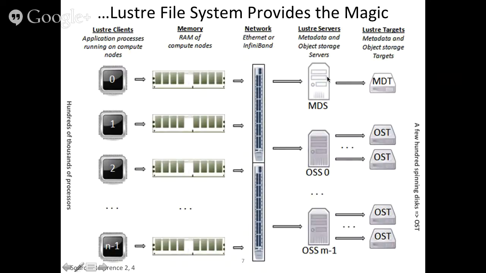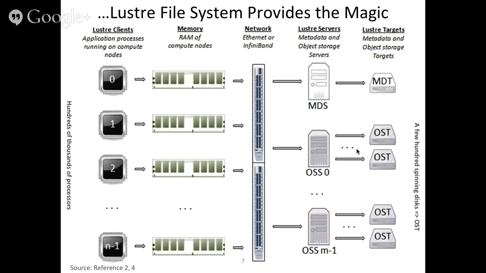If you look at the right-hand side of the figure, we have Lustre servers and Lustre targets. Lustre servers are of two types: MDS, which is the metadata server, and the object storage server, which is OSS. Each OSS is talking to object storage targets, which are a bunch of spinning disks.